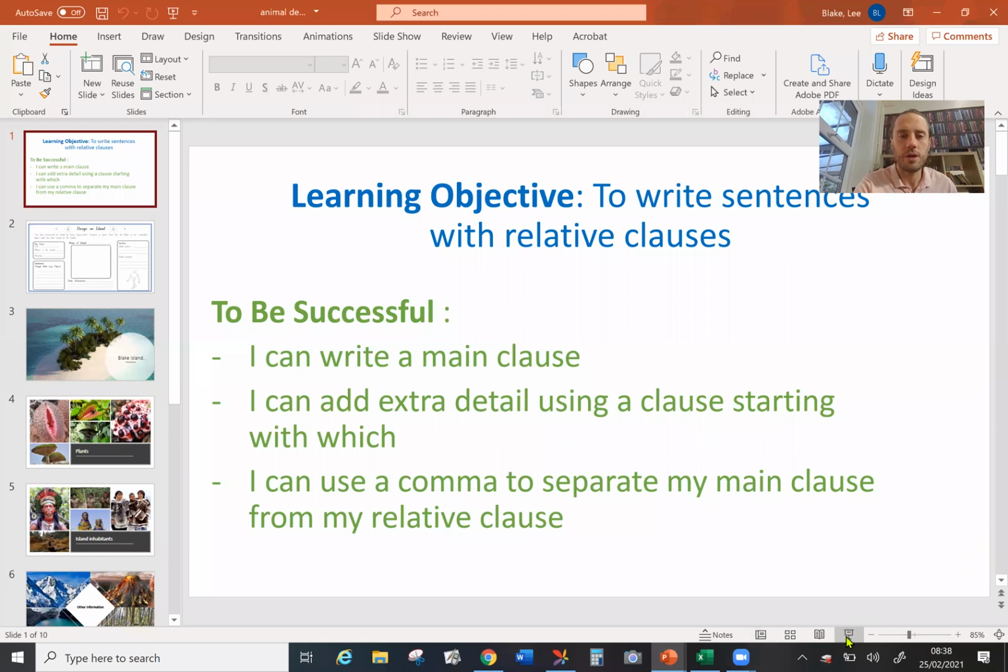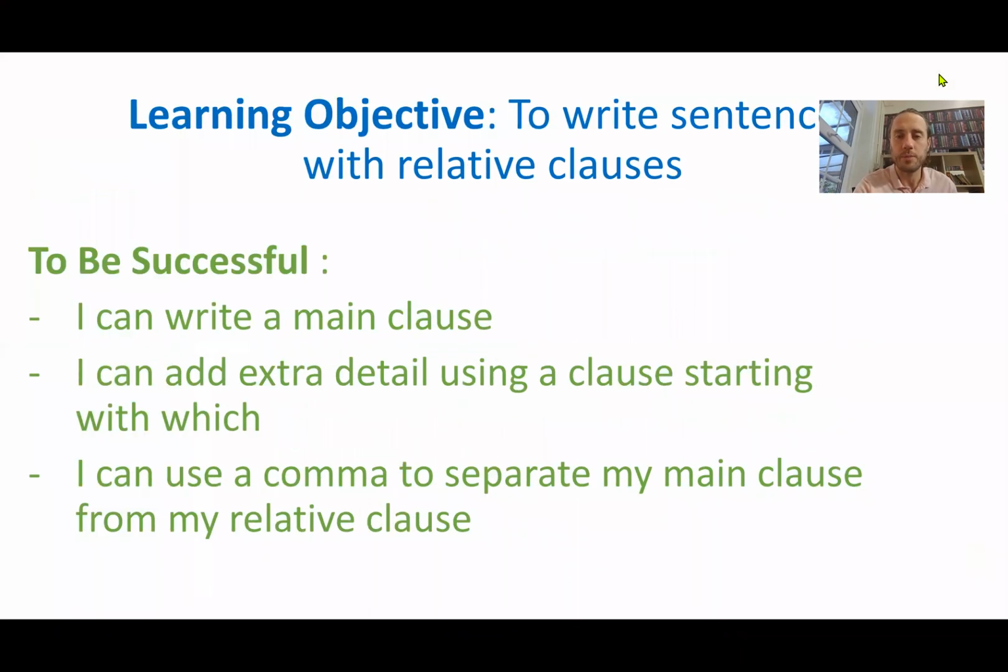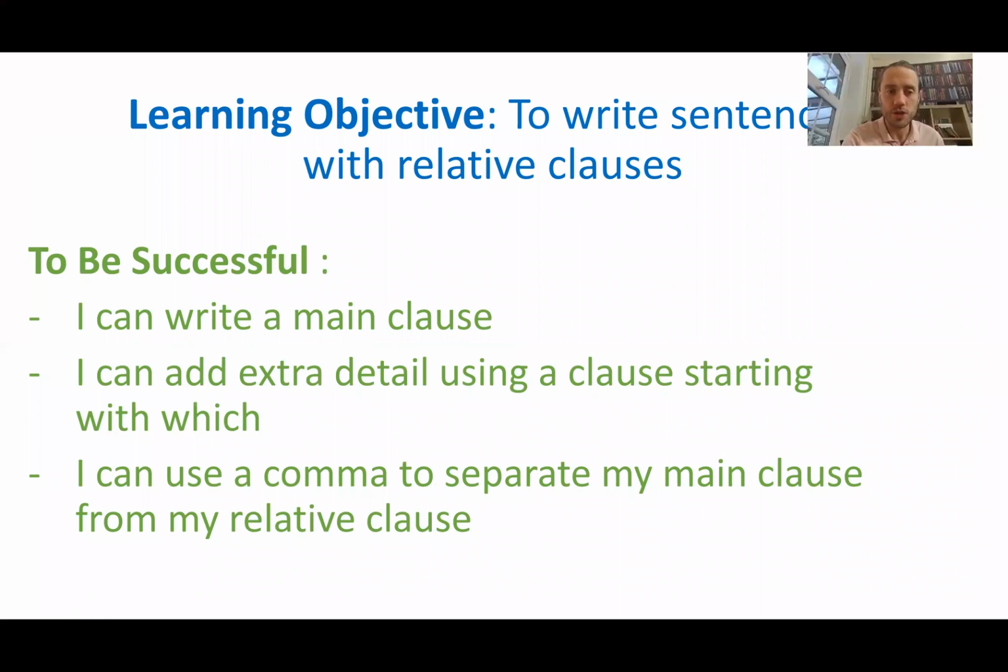I'm just going to share my screen and I'll open the PowerPoint first. So here we go. What are we learning to do today? We are learning to write sentences with relative clauses. To be successful, the first thing you need to do is show me that you can write a main clause. So you understand what a main clause is and that you can write one.